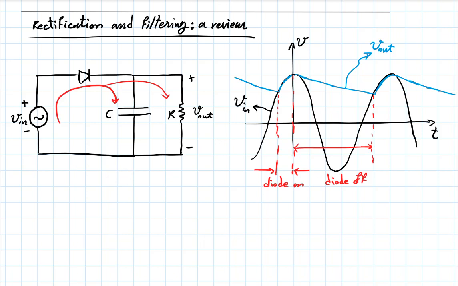So the diode current is being divided into a current that charges the capacitor up, and the current in the capacitor is proportional to the rate of change of the capacitor voltage. And then there's the current that goes through the resistor. It's simply proportional to the voltage itself. So you have those two currents. And this is when it's charging. Okay? Maybe I'll indicate this with a different color here.